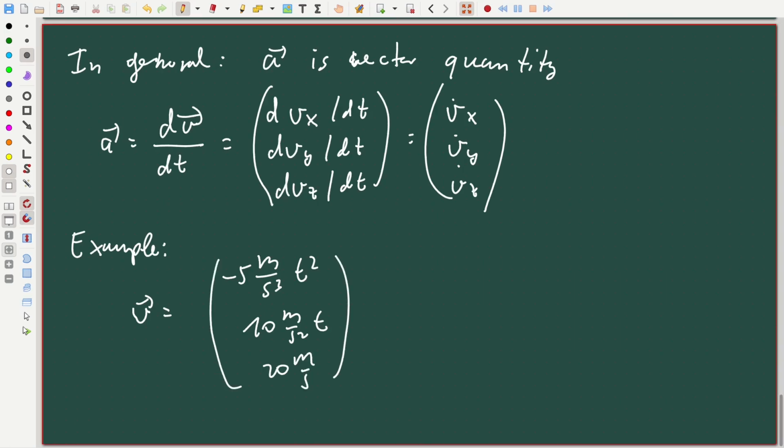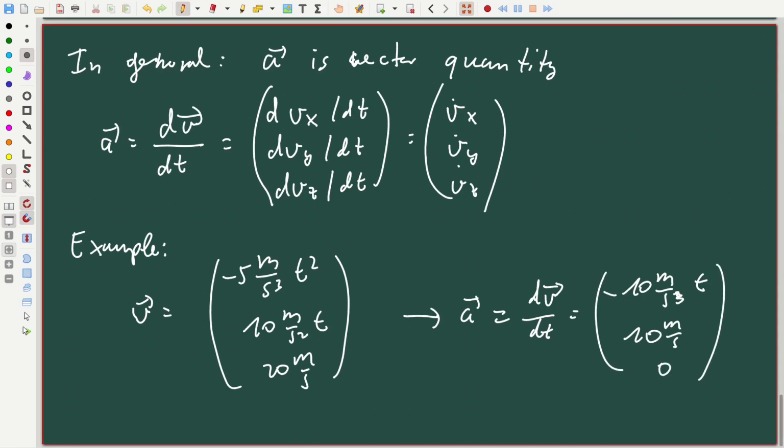Now this is our velocity vector, and from that we can calculate our acceleration as dv over dt. The derivative of the first component with respect to t is minus 10 meter per cubic second times t, and then here we would have 10 meter per second squared, and here we would have 0. So this is just a simple way to calculate this.